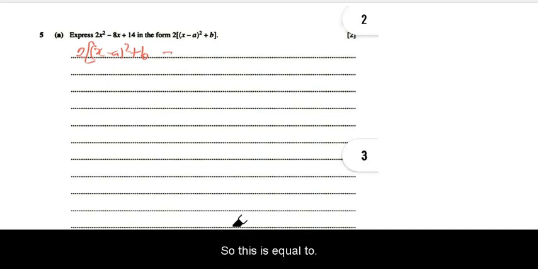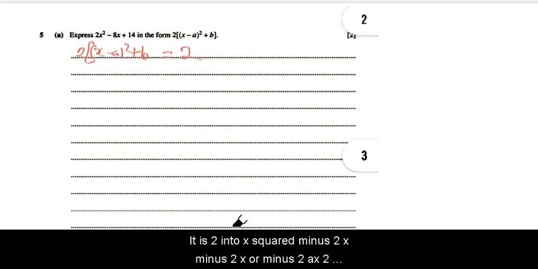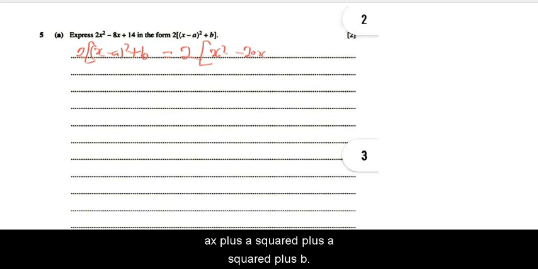Let's expand: it is 2 into x squared minus 2ax plus a squared, plus b.